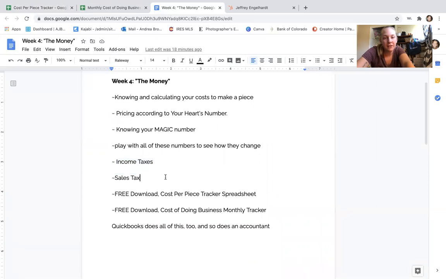Talked about sales tax. You have these 2 free downloads in there, okay? So QuickBooks is pretty easy to use, guys, and if you don't want to pay for an accountant, you can use QuickBooks all by yourself. It's pretty easy, and I will drop you a link, like a refer a friend link for QuickBooks.